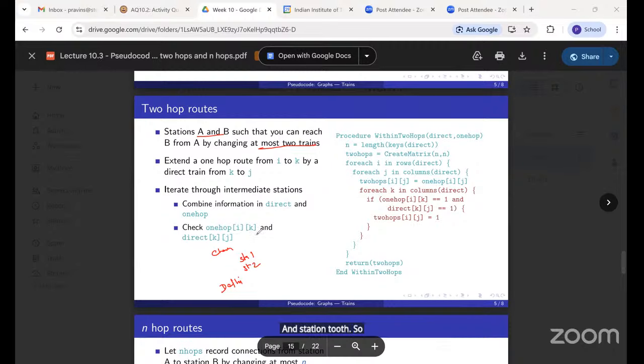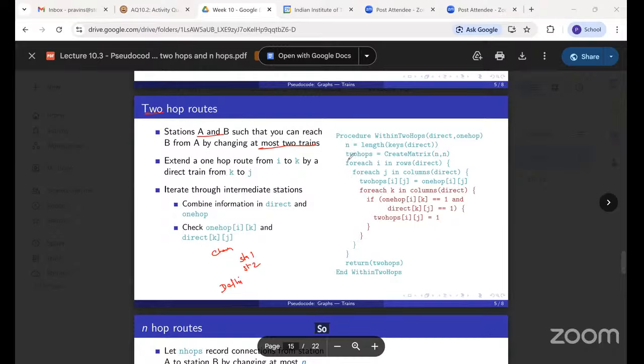So now I can exchange two stations, two trains in between before reaching my end station. So this is called two hop.